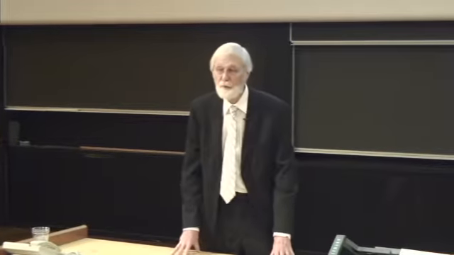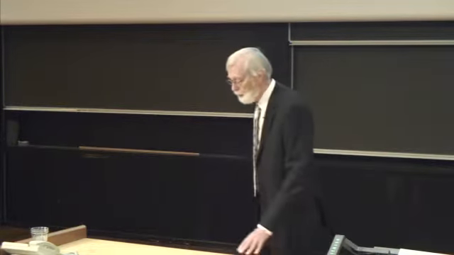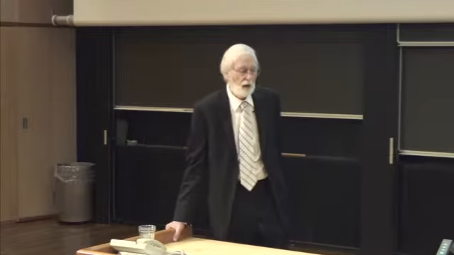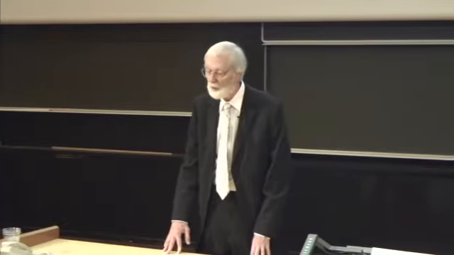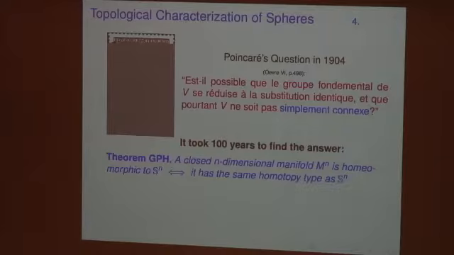And then about 50 years ago, it began to be realized that dimension 3 was particularly difficult. And if you go to higher dimension, the analogous question becomes much easier. So this we refer to as the generalized Poincaré hypothesis. And 100 years later, we found this answer, the generalized Poincaré hypothesis theorem.